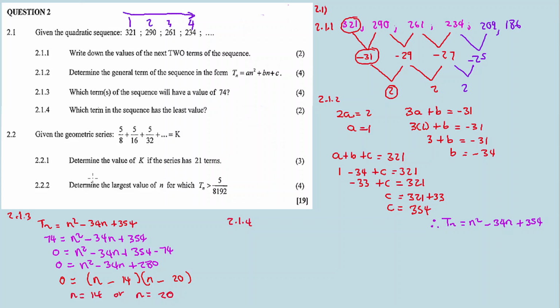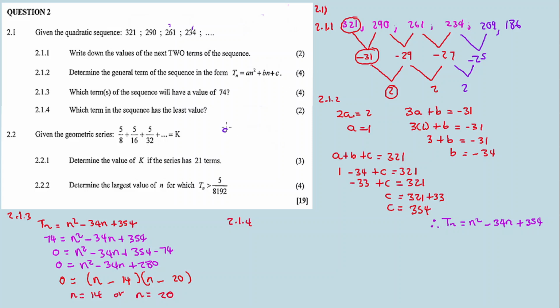Now, what we have to pay attention to is the nth term. The nth term here is n squared minus 34n plus 354.